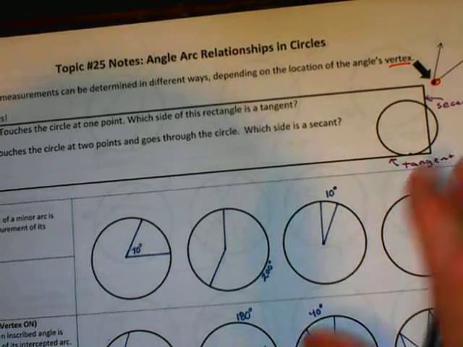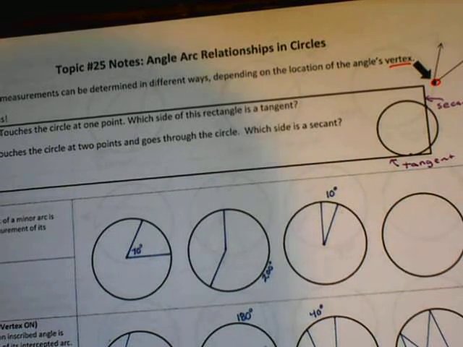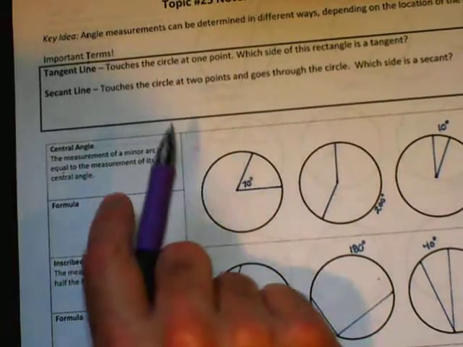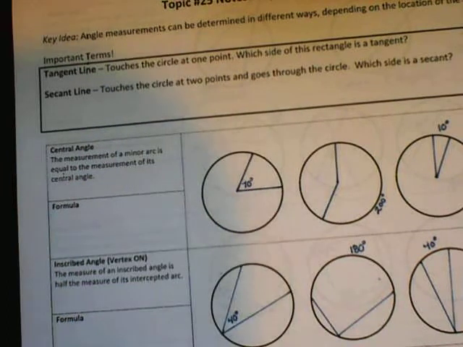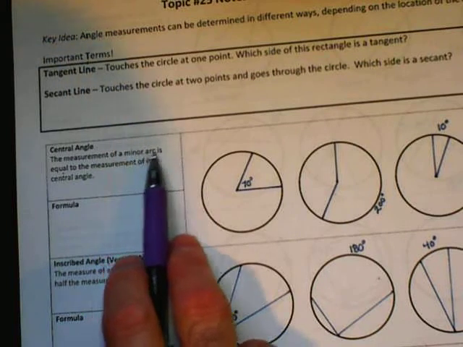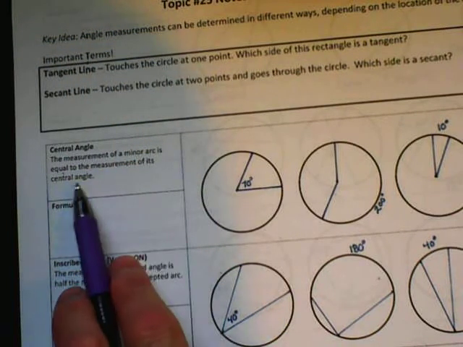Once we get those terms down, and the idea that the vertex is going to determine how we come up with angle and arc measures, we're going to move into the idea of the central angle. The measure of a minor arc, the arc that relates to the central angle, is always going to be equal to the measure of its angle.